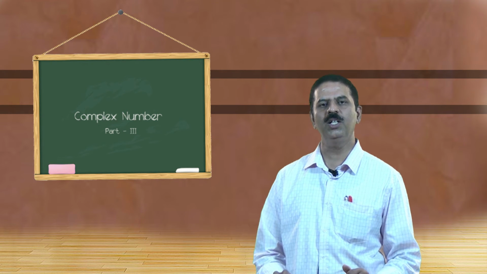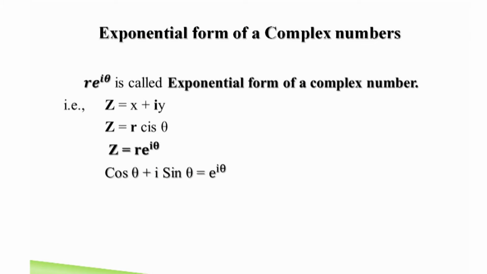Now, the third form of complex number is the exponential form of a complex number. We know that z is equal to x plus iy is called Cartesian form and z is equal to r into cos theta plus i sin theta is called polar form, and the third form z is equal to r into e to the power i theta is called exponential form of complex number.